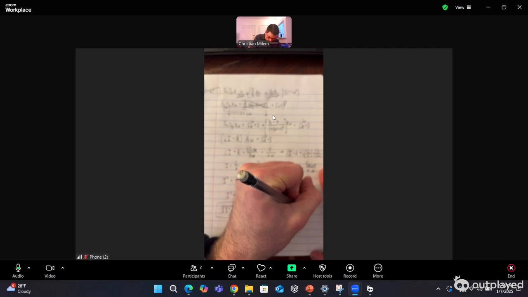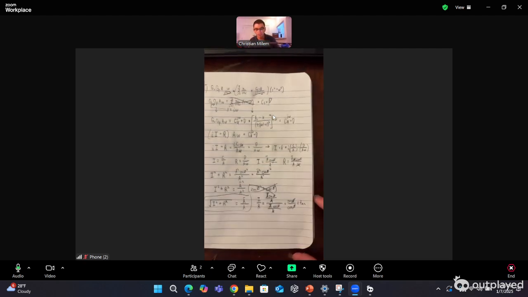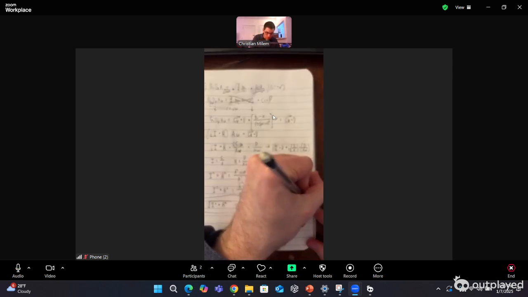It's left with sine phi over cosine phi, which is equal to tangent phi.